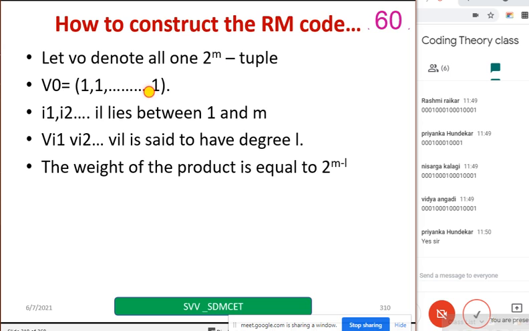Take V0 equal to all 1. Let us go to the numerical example discussion. We will continue with that instead of discussing these.